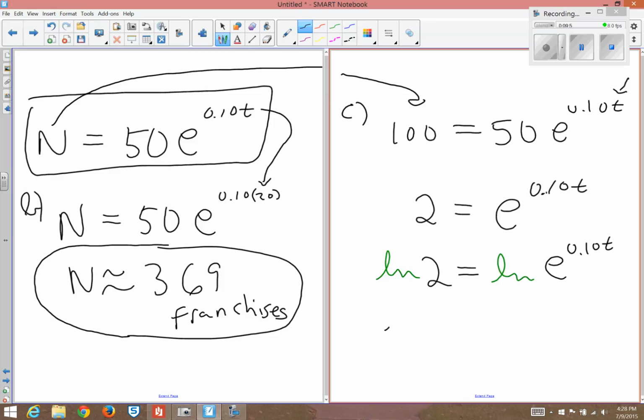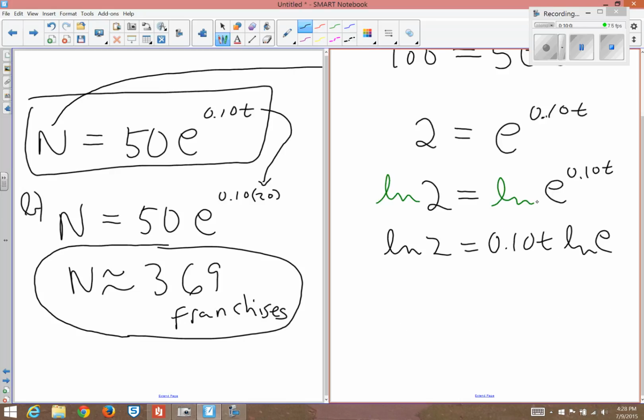And the reason we use natural logs is because a property of logs is that whatever this exponent is can be written down here in front of the log. When we have the log of something to an exponent, we can drop the exponent down to the front of the log. So we have the natural log of 2 equals 0.10 times t, because, as we mentioned in an earlier video, the natural log of e right here is 1.